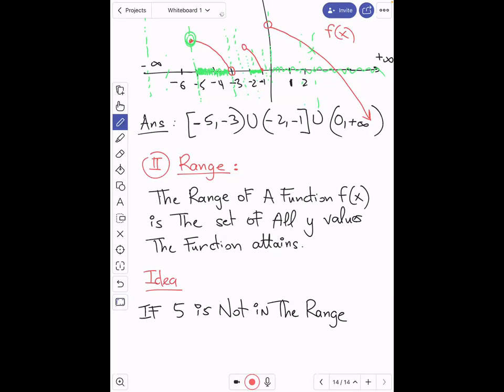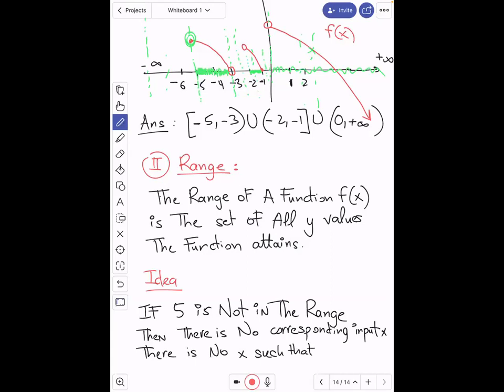Okay, in other words, there is no number such that f of x is equal to 5.